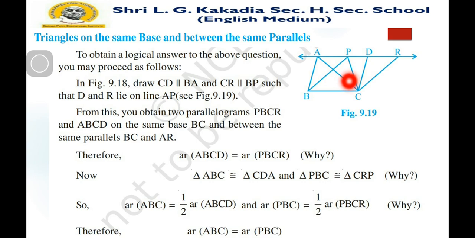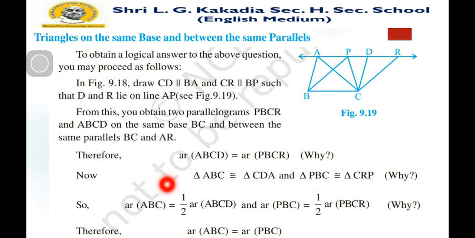And as well in parallelogram PBCR, PC is a diagonal of PBCR, so it divides PBCR into two equal and congruent triangles, that is PBC congruent to CRP, that we have discussed in chapter number 8.